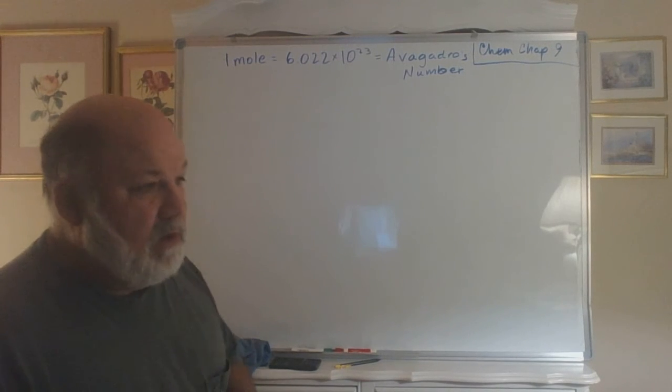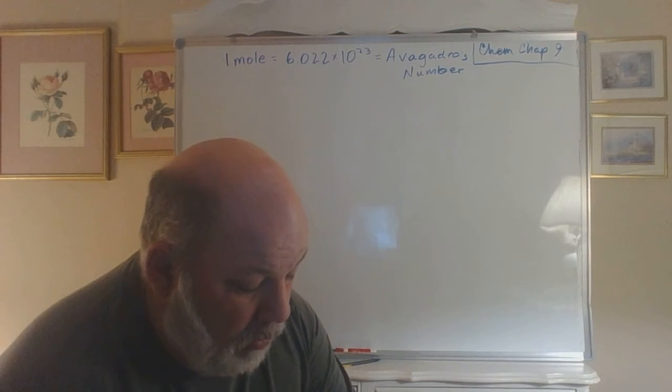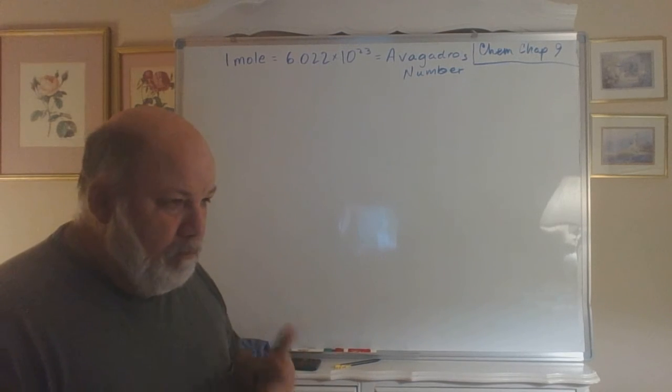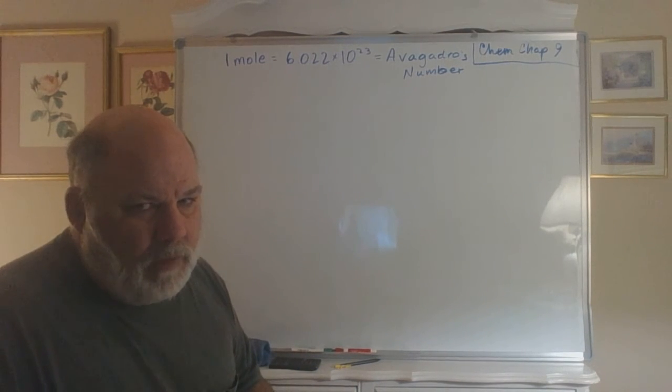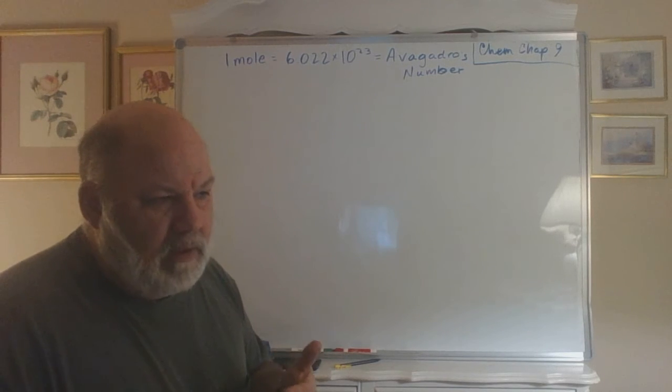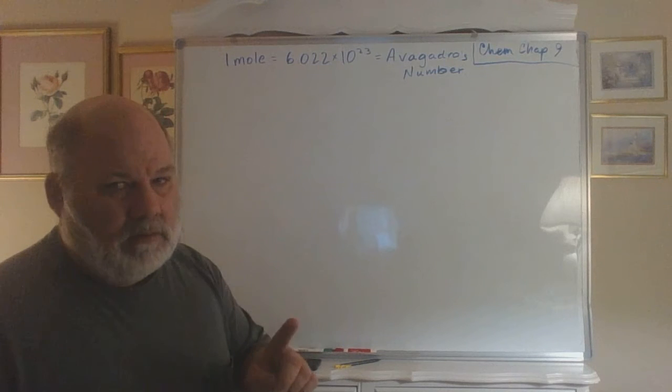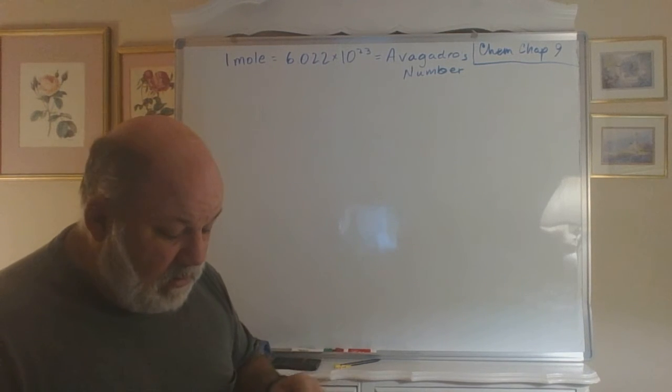So the first thing you need to know really about moles is that if you look at the periodic table, molar mass is the mass of 1 mole of a given chemical or a given substance.